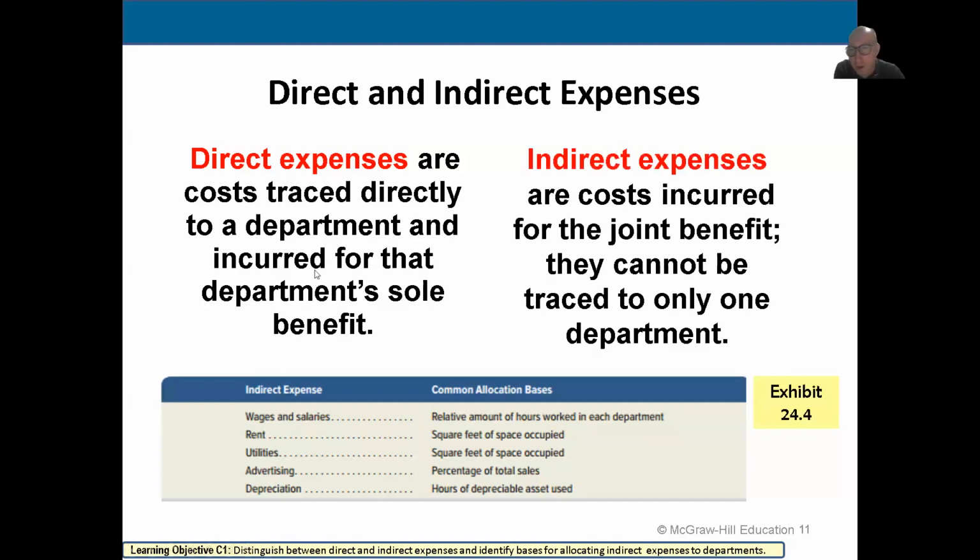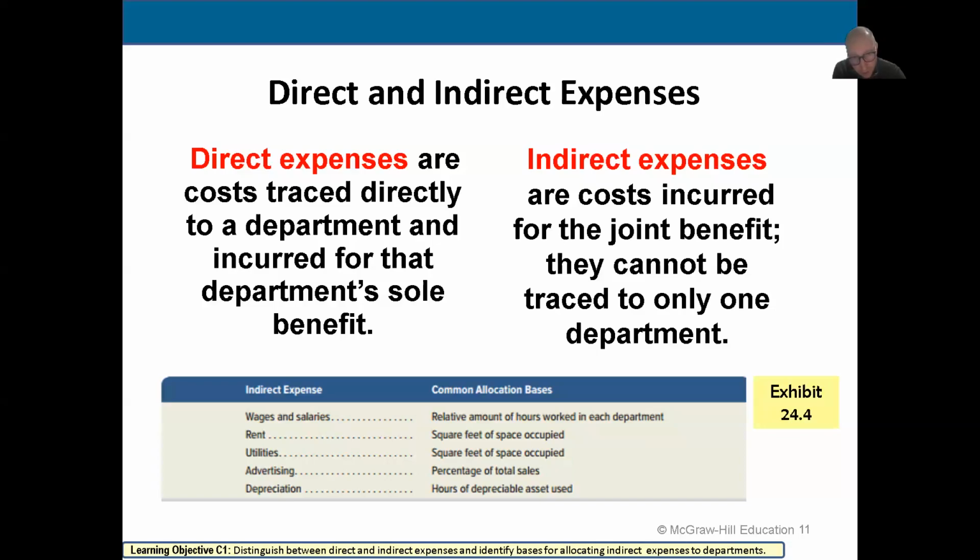Indirect expenses are all of the other costs that cannot be directly traced to one department. We call these joint costs. There's a couple of these. The store manager's salary. The store manager is ultimately responsible for the entire store. They have a lot of different department managers that work under them. But ultimately, the store manager is responsible for the entire store operations.